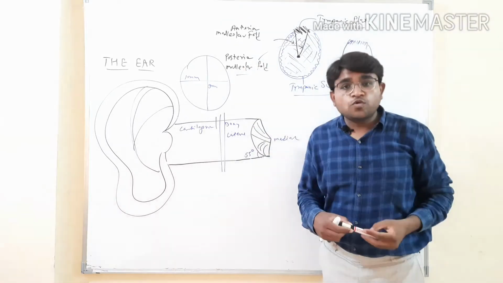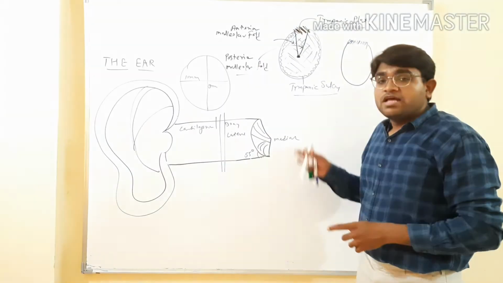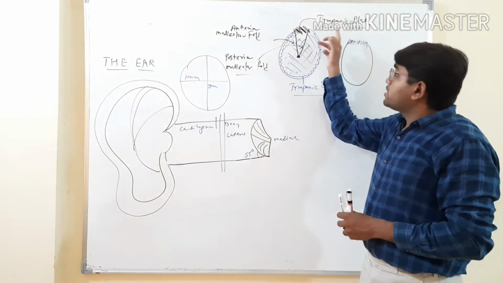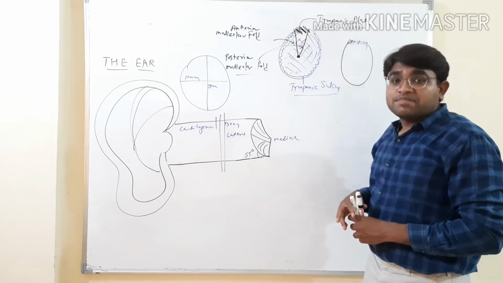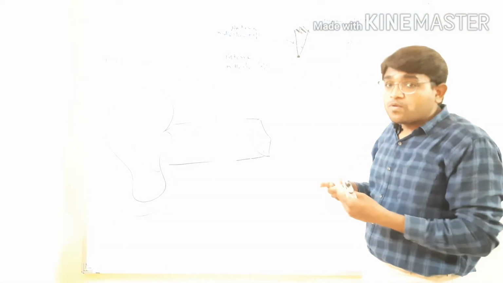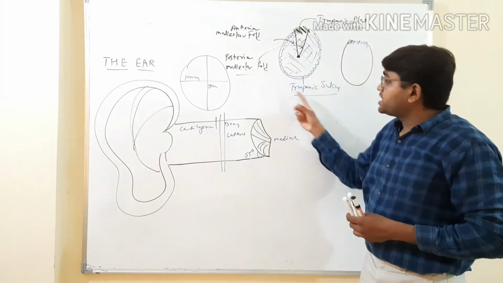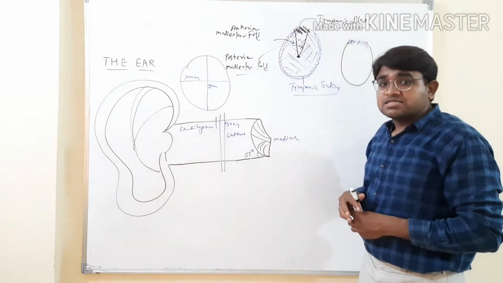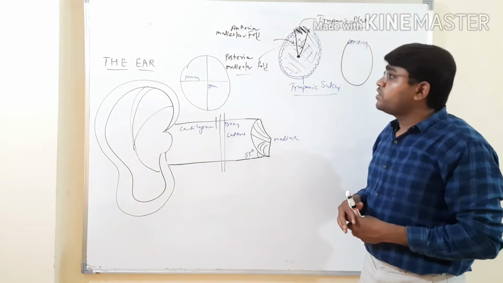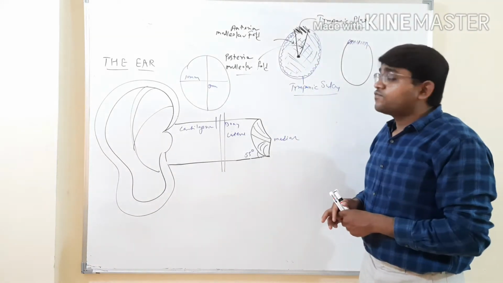Okay, so there are two folds of fibrous tissue present in the tympanic membrane, which actually arise from both ends of the tympanic plate. The tympanic plate is formed by the squamous temporal bone and fills the deficient area of this tympanic sulcus. So these folds are known as the anterior malleolar fold and the posterior malleolar fold.